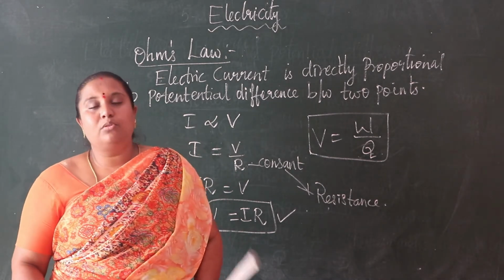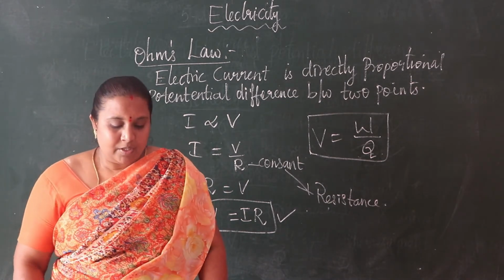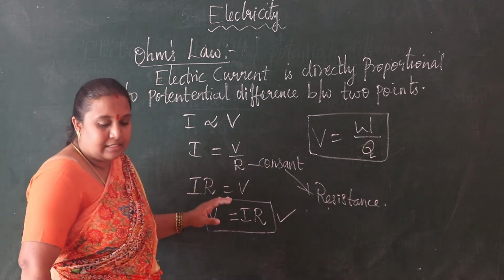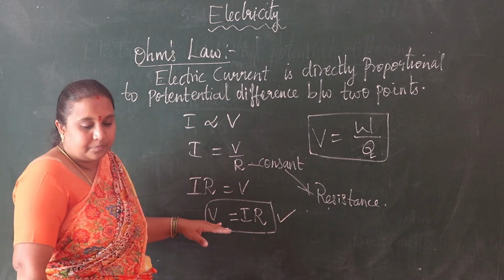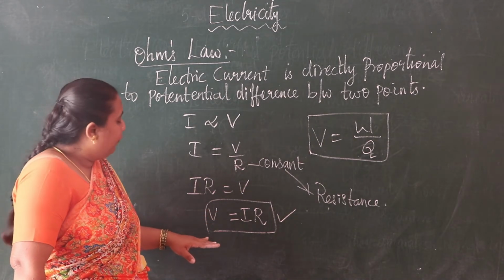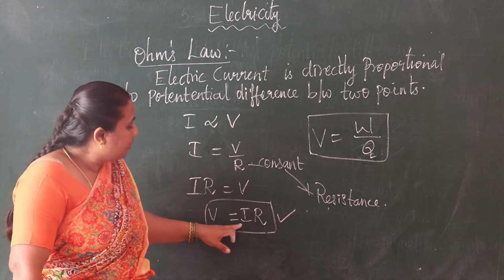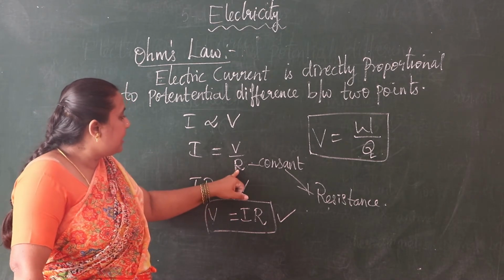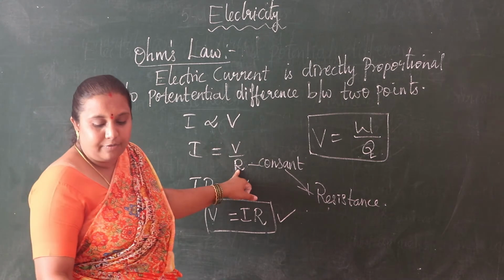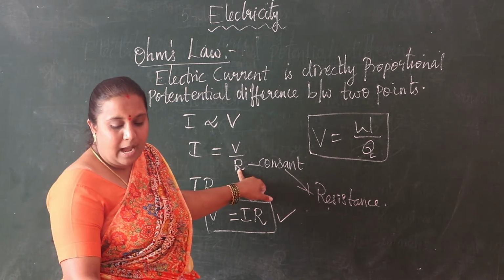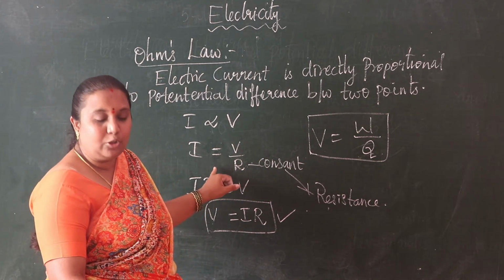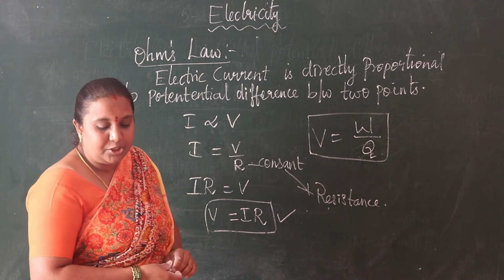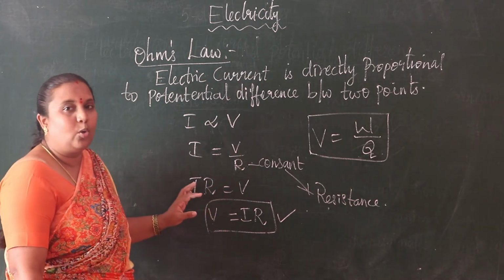Now you come to know what is Ohm's law. 1 ohm of resistance is equal to the flow of 1 ampere of current through the conductor between 2 points having potential difference equal to 1 volt.